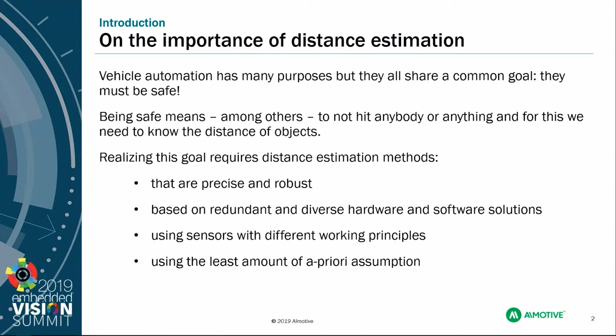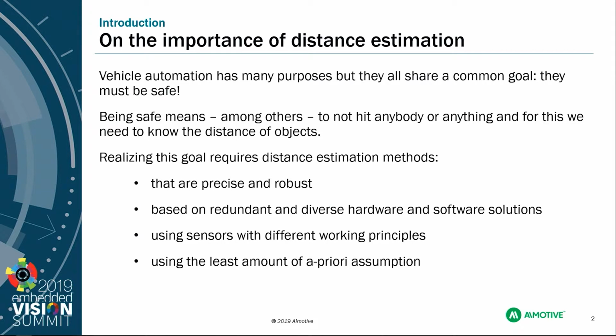ADAS and AD share a lot of common development philosophy, but they are also fundamentally different. Just to give you an example, in ADAS, if you have an ACC function, it guarantees that the car won't brake if there is nothing in front of the car. If there is empty space in front of the car, then the car should not brake, because otherwise the driving experience would be very bad.